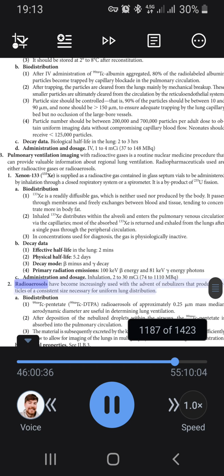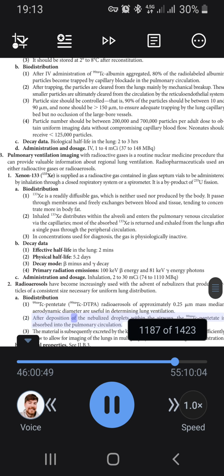2. Radioaerosols have become increasingly used with the advent of nebulizers that produce particles of a consistent size necessary for uniform lung distribution. A. Biodistribution. 1. 99mTc pentetate, 99mTc DTPA, radioaerosols of approximately 0.25 micrometers mass median aerodynamic diameter are useful in determining lung ventilation. 2.